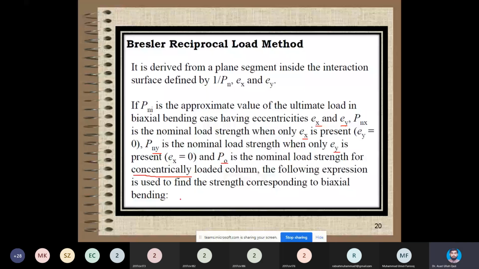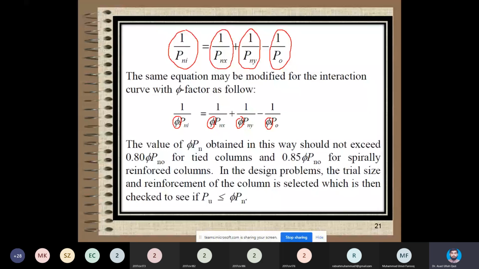column. Here, one question will arise: when you are only applying phi, for some columns which are very close to the vertical axis, the demand has less eccentricity and more axial force.